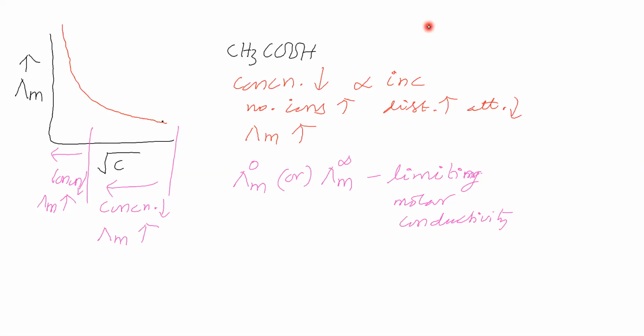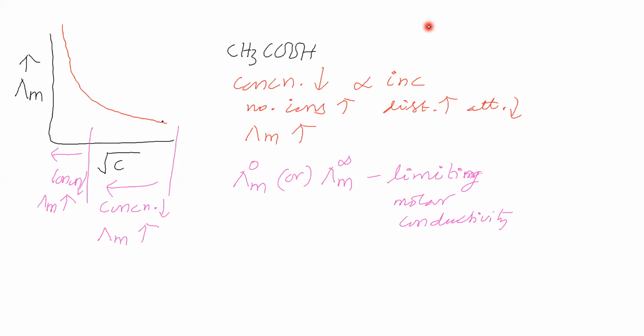Then can we get limiting molar conductivity for weak electrolytes using a graph? We cannot get it. Why? Because extrapolation is not possible. Why is extrapolation not possible? Because at this place the curve is parallel to the y-axis. If you extrapolate, it will only stay parallel to the y-axis.